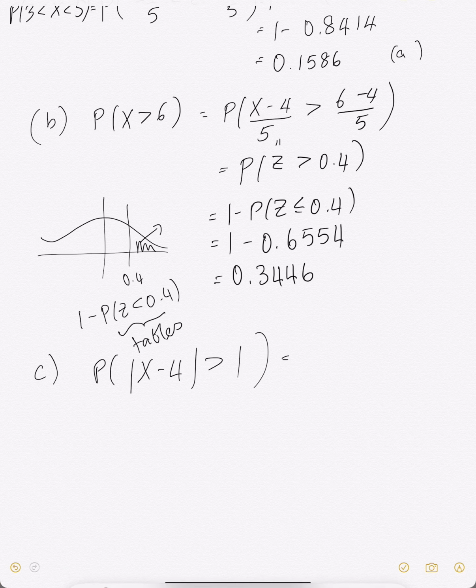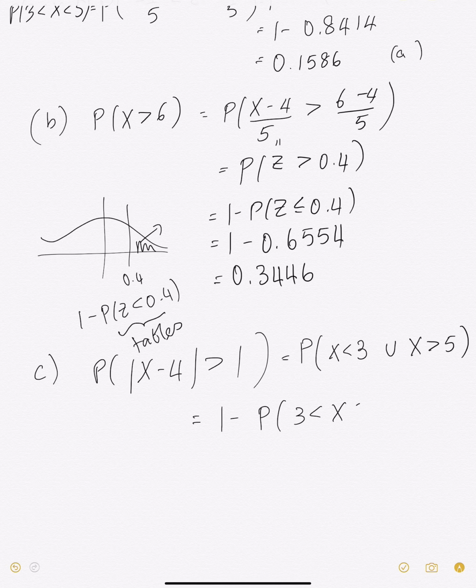This is the same as the probability that x is less than 3 union x is bigger than 5. Correct? And that is 1 minus the probability that x is between 3 and 5, which is what we've calculated in part A.